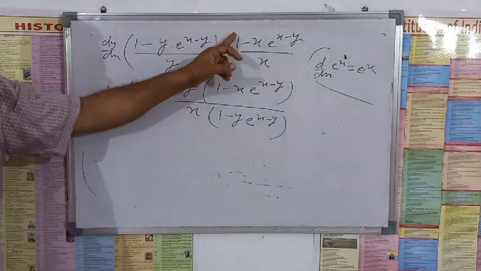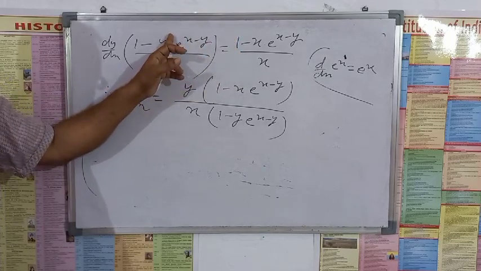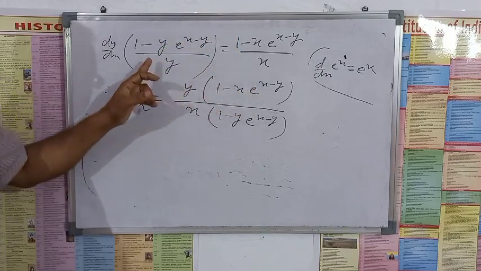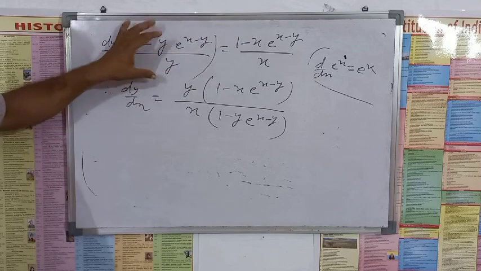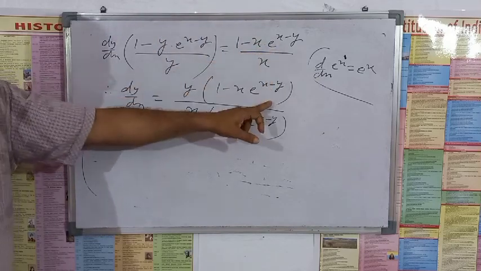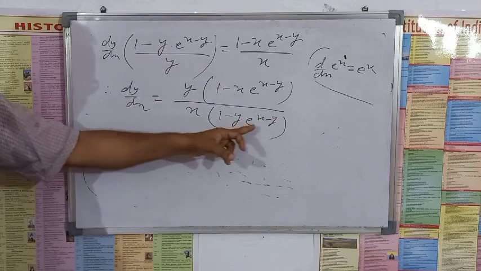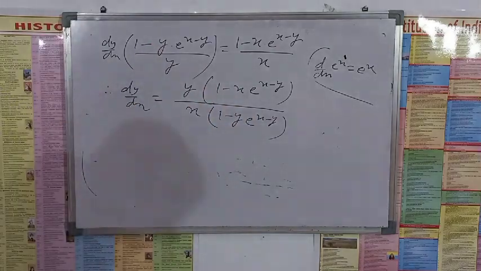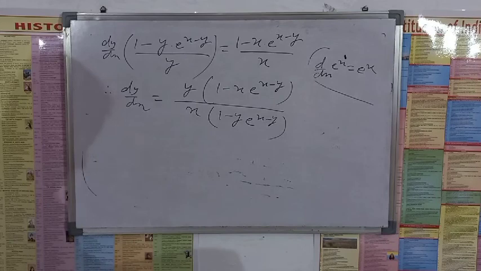So transpose y, it will go upside, and this numerator will go downside, which means we have to divide this one by this. So it will come y upon x, 1 minus x into e to the power x minus y divided by 1 minus y into e to the power x minus y. So 17, second part, the derivative is this one.